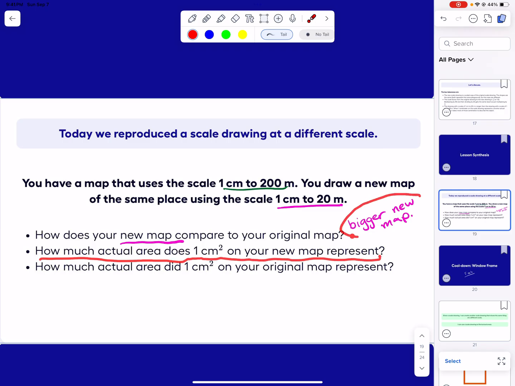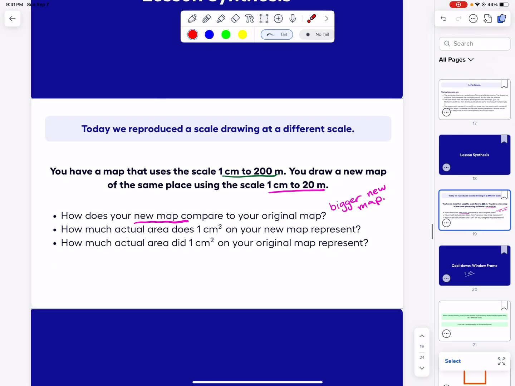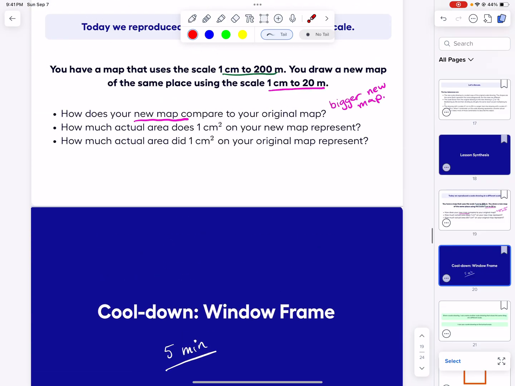If this is a bigger new map, that means that the area is going to be way larger because larger shapes have larger sizes. And if you multiply them and find the area, it's going to be much larger. And the actual area did the 1 centimeter square on your original map represent? Well, this map, realize that the shape is going to be way smaller. So that means the area inside is going to be much, much smaller. Yeah, very interesting.